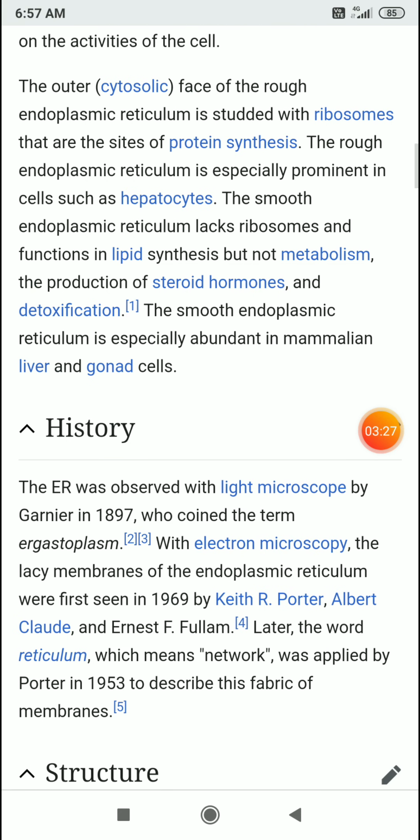In history, the endoplasmic reticulum was observed with a light microscope by Garnier in 1877.